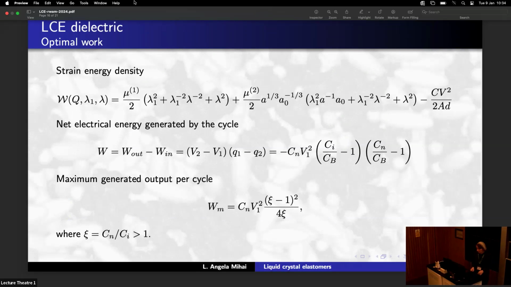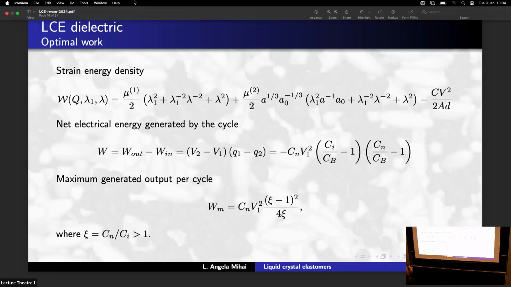Okay, so in this case, we need to find the optimal work. So we take a strain energy function where the first two terms are just from the ideal nematic elastomer, and the last term captures the electric part of the energy contribution.